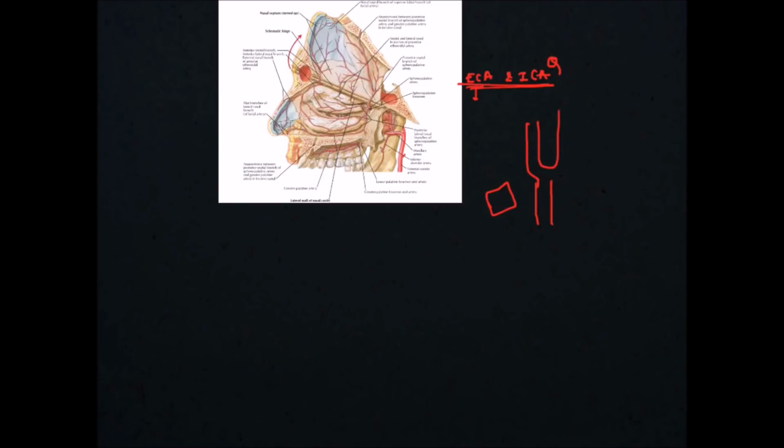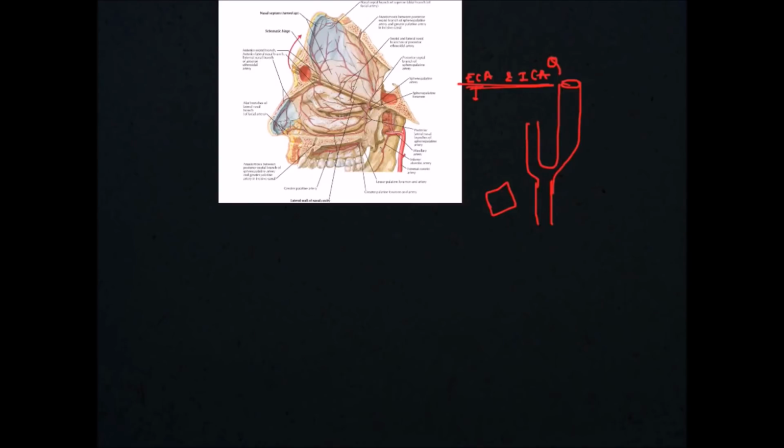The internal carotid artery, without giving any branch in the neck region, enters the base of the skull through the carotid canal and then traverses the cavernous sinus, taking a U-turn. This U-turn is taken just to reduce the blood pressure flow that can lead to damage to the neurons. So this turn reduces the pressure.